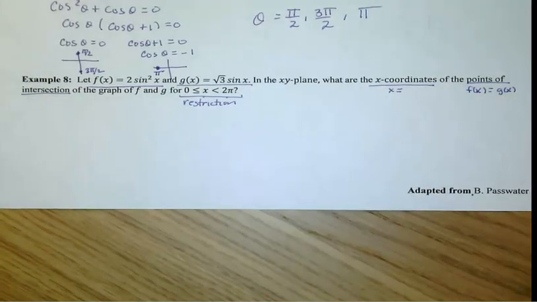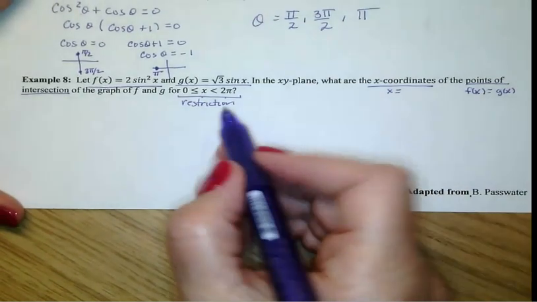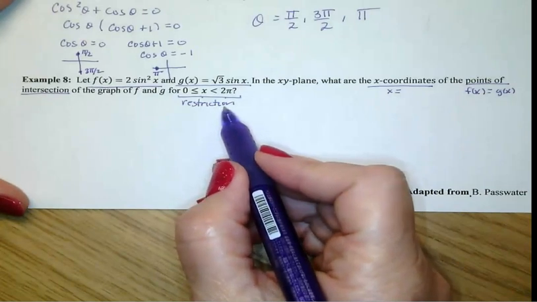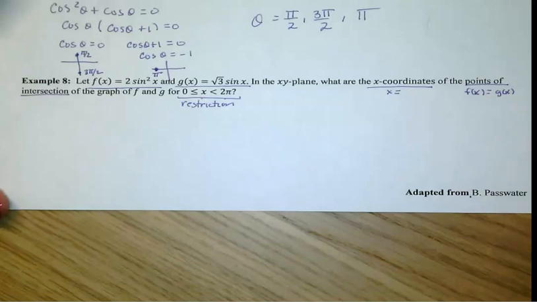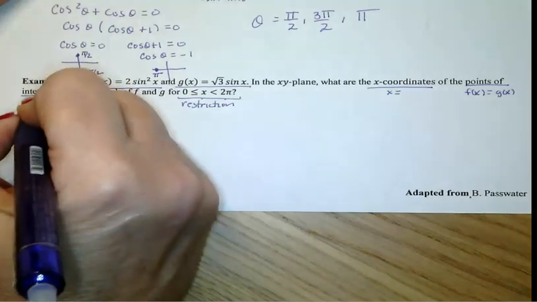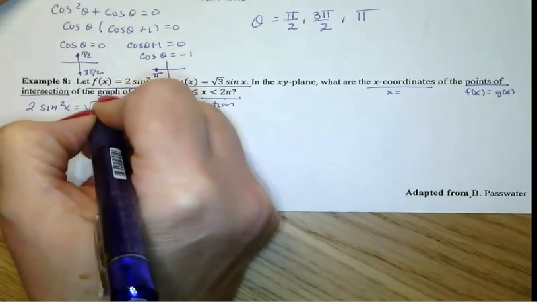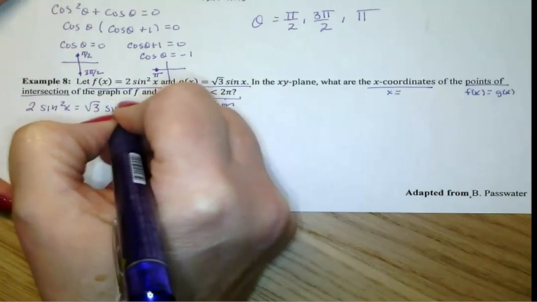All right, so first question to ask yourself is it going to be a list of answers or is it going to be equations? And when you see the restriction, you know it's going to be a list of answers. It tells us to find the point of intersection, so that's when f of x equals g of x. So that means we're doing 2 sine squared x equals square root of 3 sine x.